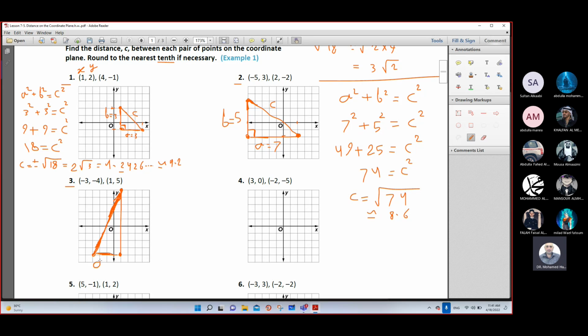If this is A, as you see here, 1, 2, 3, 4. And if this is B, so 1, 2, 3, 4, 5, 6, 7, 8, 9. So I want all of you now to find C.